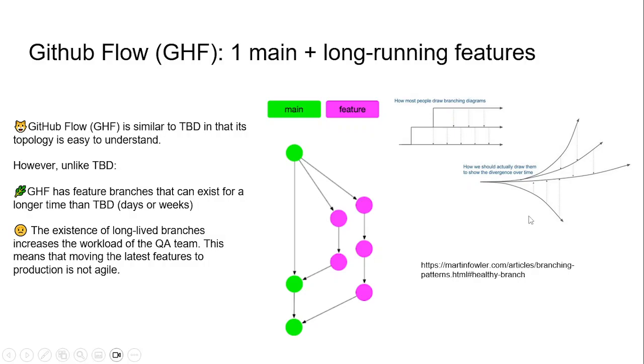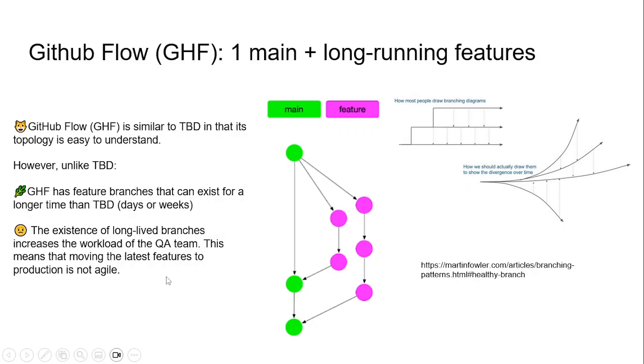The longer they live, the more difficult it is to unite them again when merging. So this representation shows that more conflicts could happen the more separate they are.